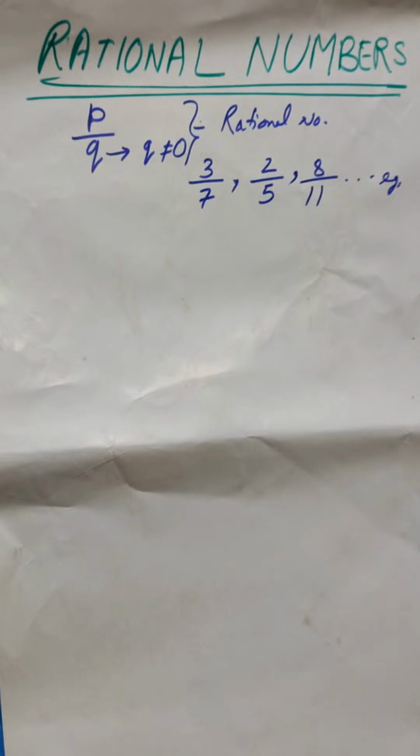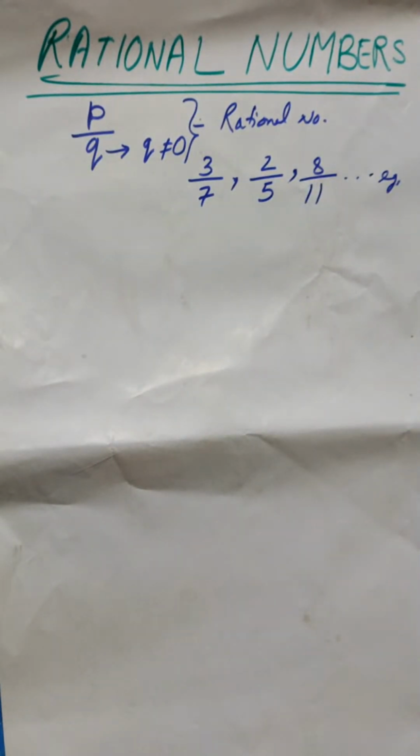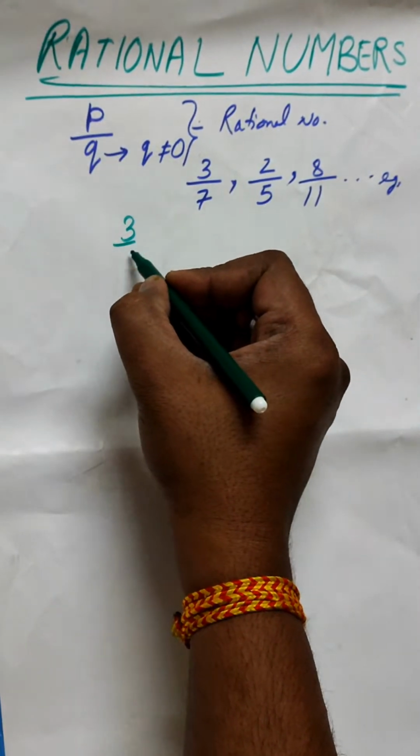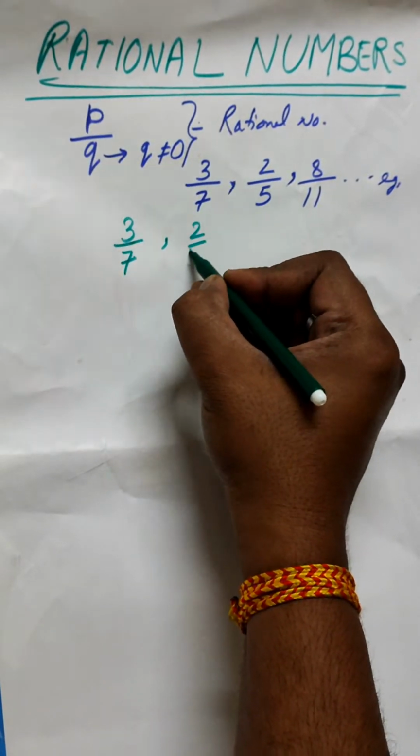So let's say this is the rational number 3 by 7, and this is the rational number 2 by 5.